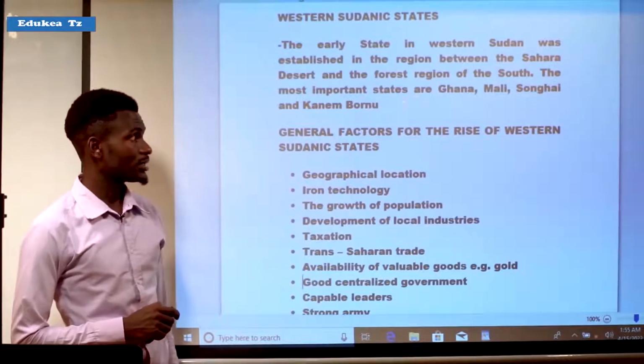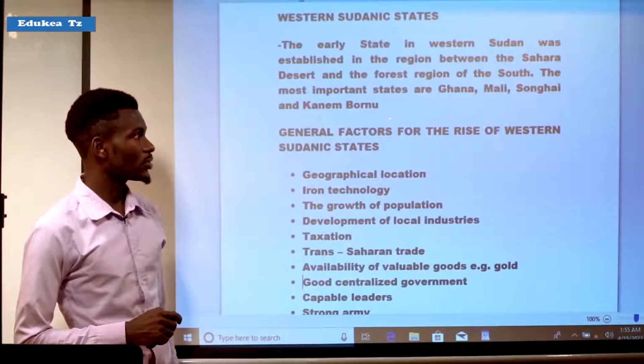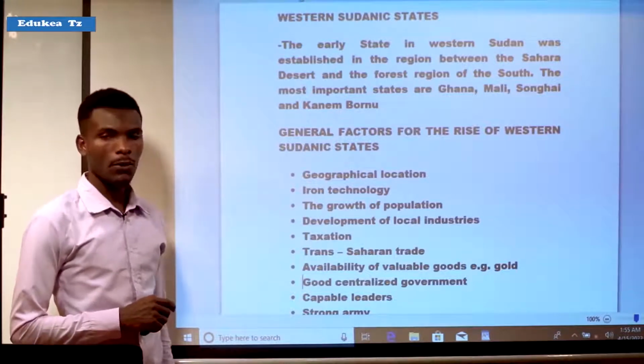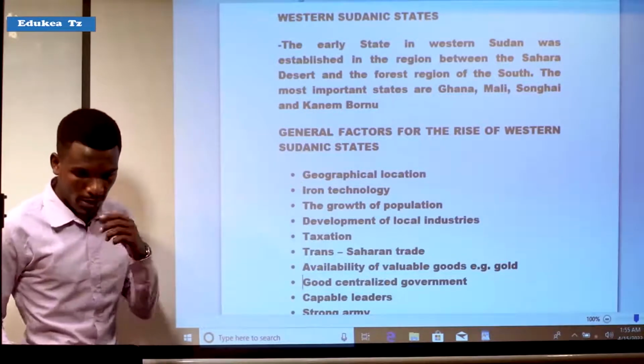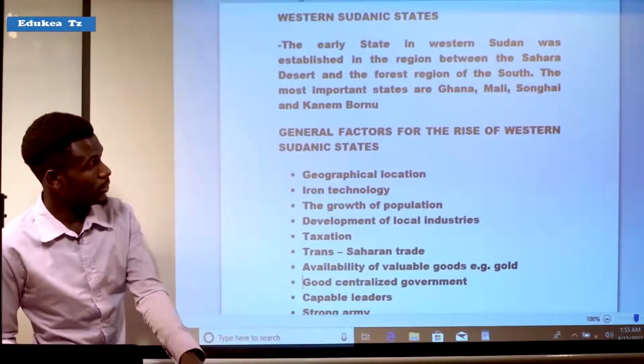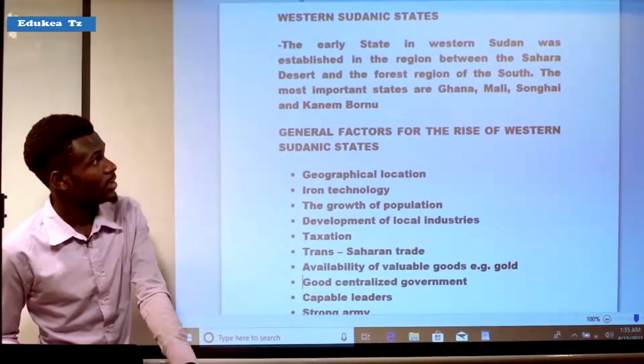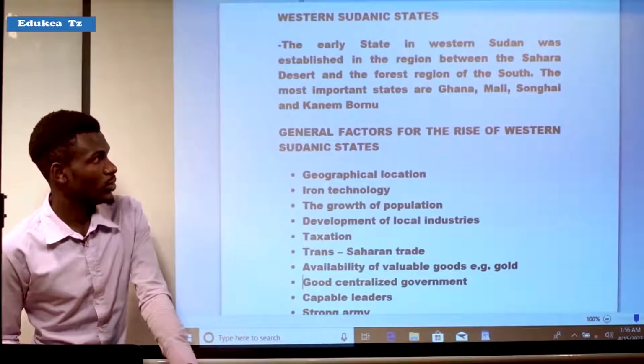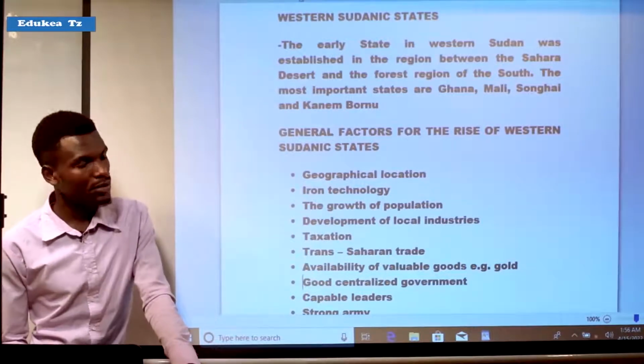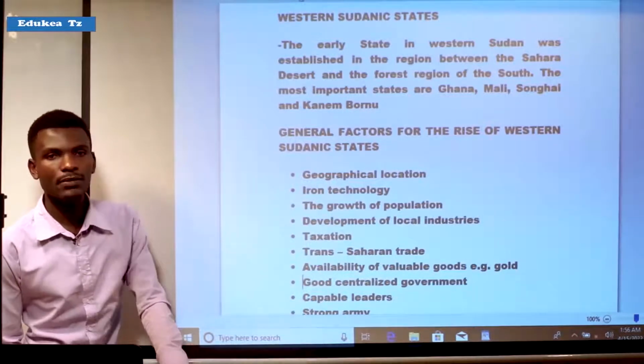The most important states are Ghana, Mali, Songhai, and Kanem Borno. It means that the most important Western Sudanic states were Ghana, Mali, Songhai, and Kanem Borno.